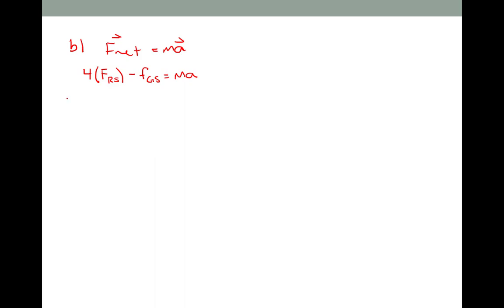Well, that works out mathematically to be very similar to what I had in the previous slide. So 4 times 2.4 times 10 to the 4th newtons minus 650 newtons equals 2,100 kilograms times the acceleration.